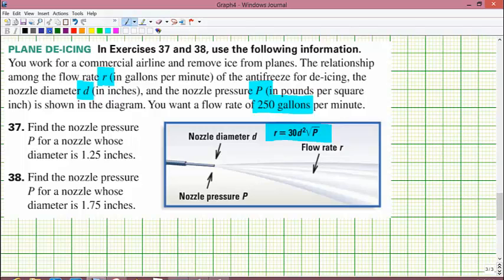Okay, so flow rate, we're looking for 250 gallons a minute. So the various things there are is 250. Find the nozzle pressure P for nozzles whose diameter is 1.25. 1.25 goes in there, and we don't know P. So let's put those numbers into this expression.